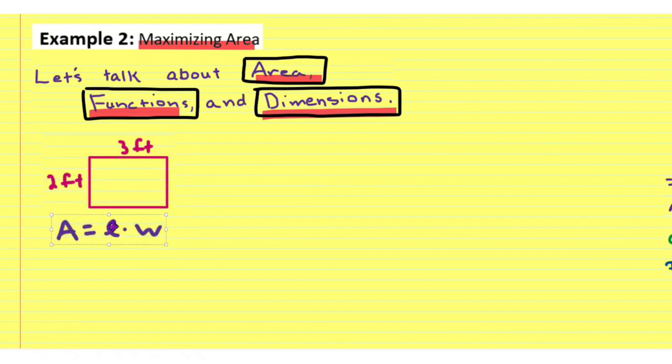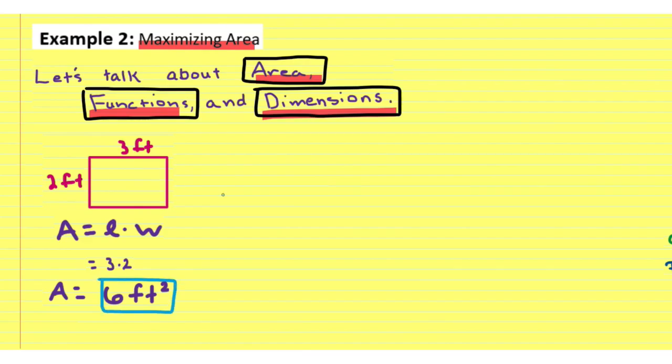And then you learned that, okay, so we just plug in 3 times 2, and we would multiply 3 times 2, and that would give us 6, but we always were told that our dimensions were feet squared. If that was 2 feet by 3 feet, then the answer would be 6 feet squared. Okay, so let's remember that.